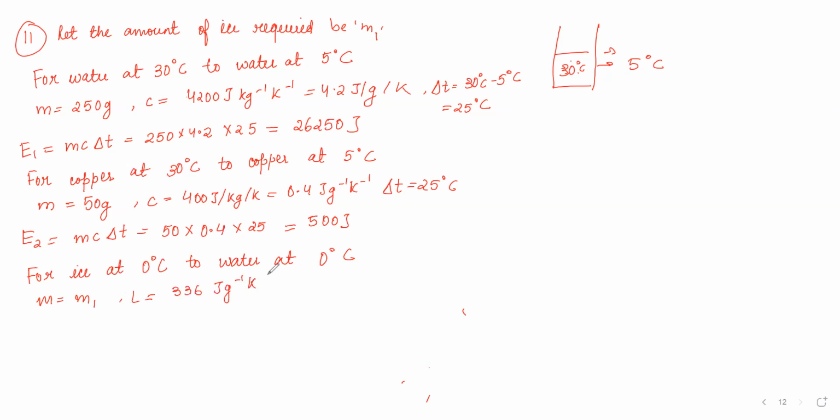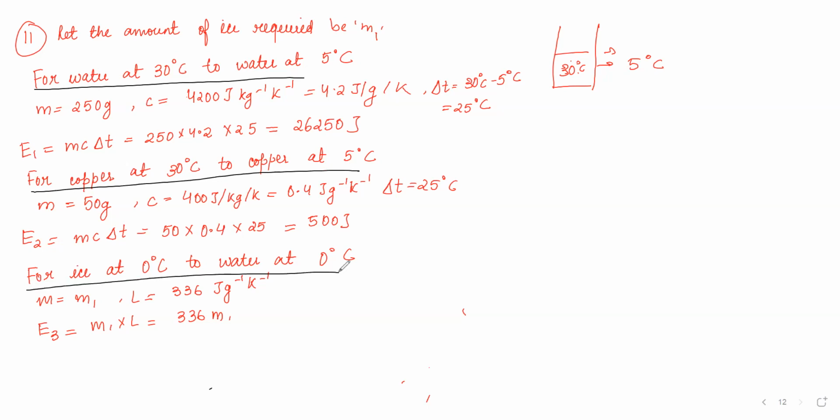In the question, you have been given in terms of kg. You can easily convert that in grams. So E3 will be equal to how much? M1 into L. So this is 336 M1. And now it will be good if I just underline this, so that you can differentiate between all.